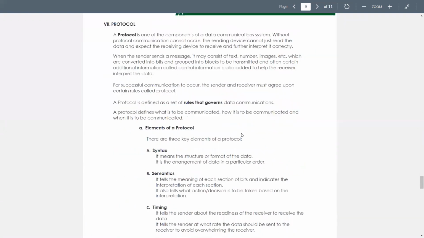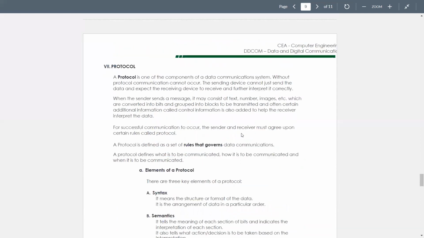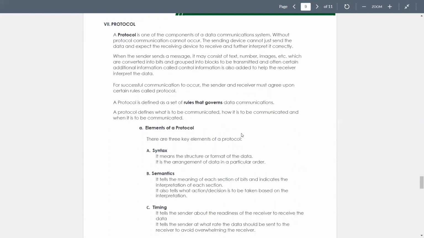And then we also have the protocols, which is also the heart of your CCNA 1 after this subject. These are the syntax, the semantics, the timings, right? These are the rules that govern data communication. Of course, we have to set a single rule for any data communication.